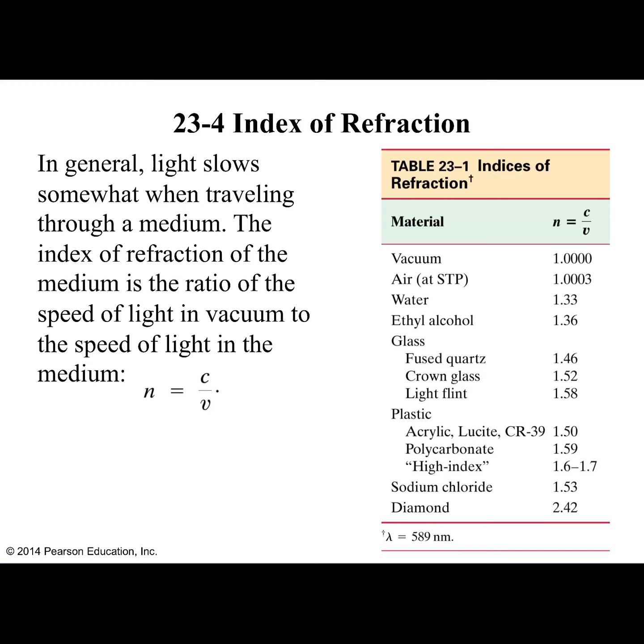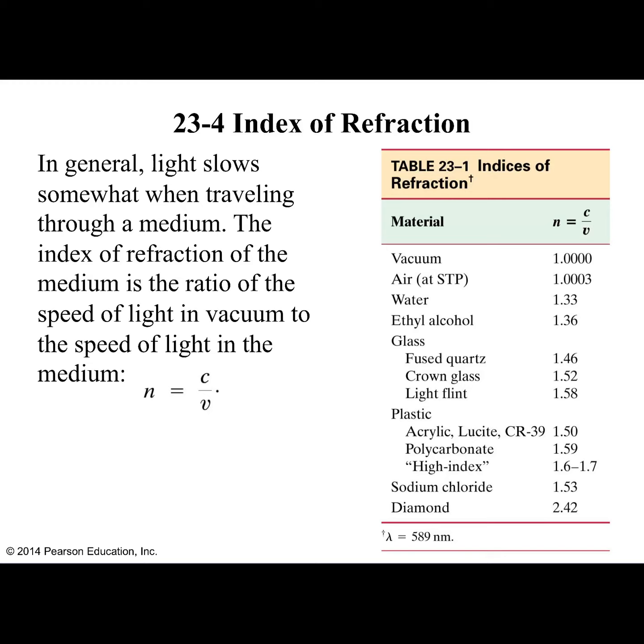So we know that light from our ray model travels in straight lines, but when it interacts with some kind of medium, then the path of that straight line can change. And the reason that it's changing is because the speed of light in that medium is changed.